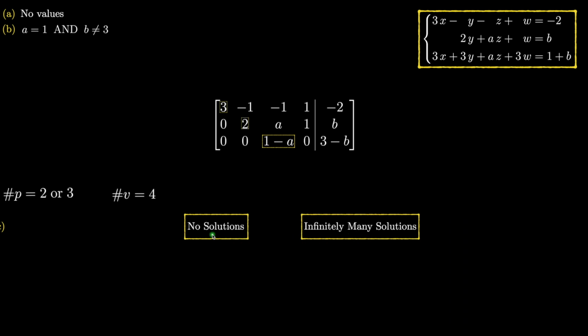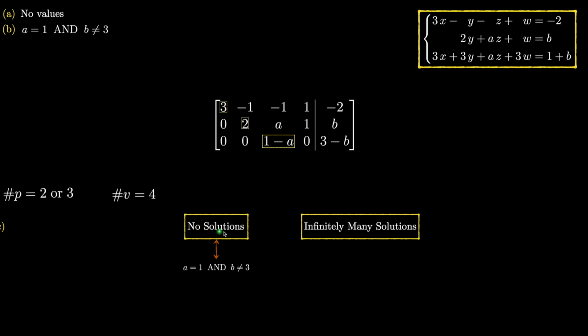In part B, we answered when no solutions occurs, and we learned that it occurs if A is equal to 1 and B is not equal to 3. So if I ask you to do something so that infinitely many solutions happens, it means do something so that no solutions does not happen.